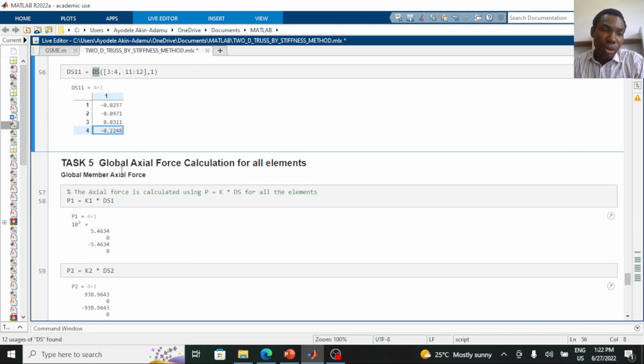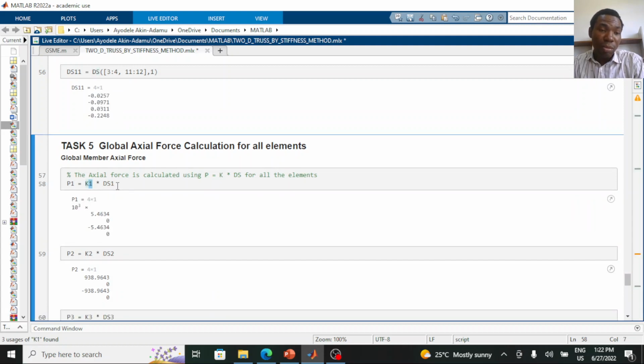Once we have done this, there is actually a purpose for doing this. The purpose is to calculate the axial force in the x and y direction for each of the elements. In the first part of my video, I explained this. I told you that the axial force is given by the local stiffness matrix multiplied by the displacement vector of each element. The local stiffness matrix is a 4 by 4 matrix, and the displacement vector is a 4 by 1 matrix.